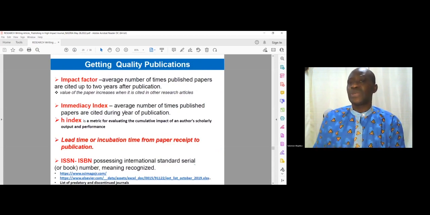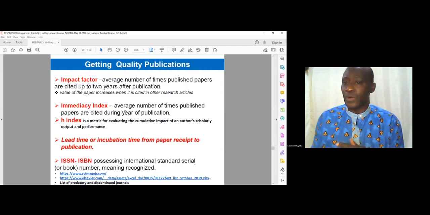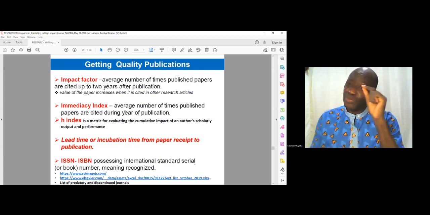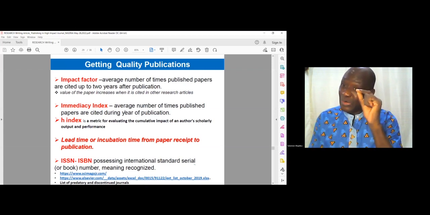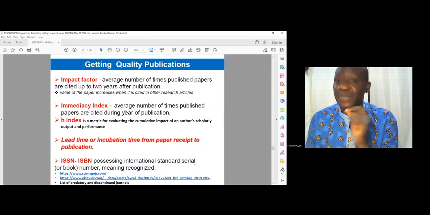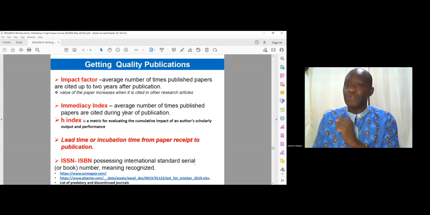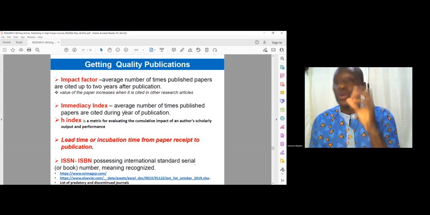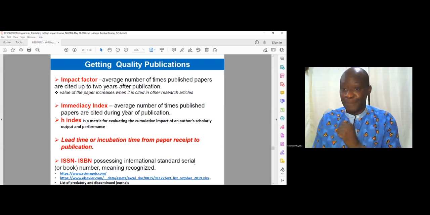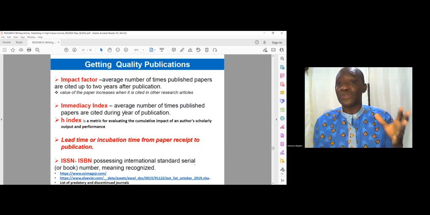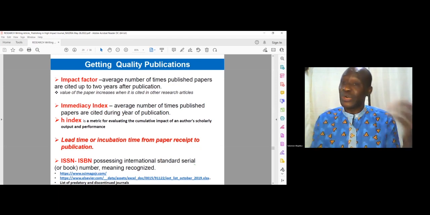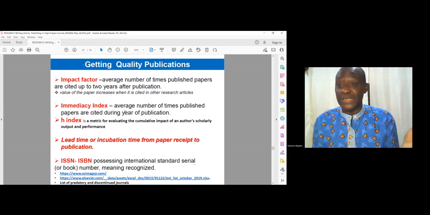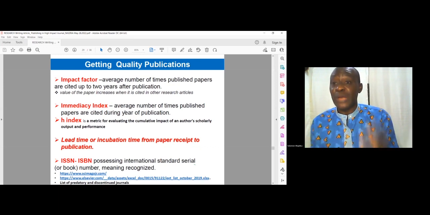Getting a quality publication, what are the things you need to look for? Even if it is 0.1 impact, it's okay, grab it. If it is Q1, Q2, Q3, Q4 is the least, go for the Q4. Not necessarily that you are looking for Scopus with Q1, Q2. You go kill yourself. I was trying to kill myself, and Dr. Waller at that time, we were looking for a journal with a high impact of 7.